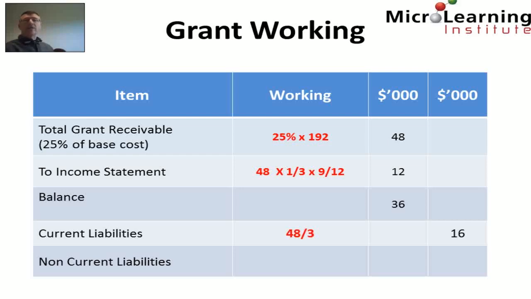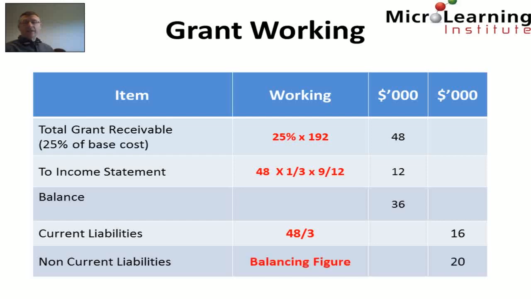Now the question is, how are we going to split that outstanding balance between current and non-current liabilities? We do this in relation to the useful economic life. We know that the current liability for the following year is going to be another 1/3, because we're depreciating the plant over a useful economic life of 3 years. We're going to recognize 1/3 of the total grant receivable of 48 as a current liability at year end, which is 16.